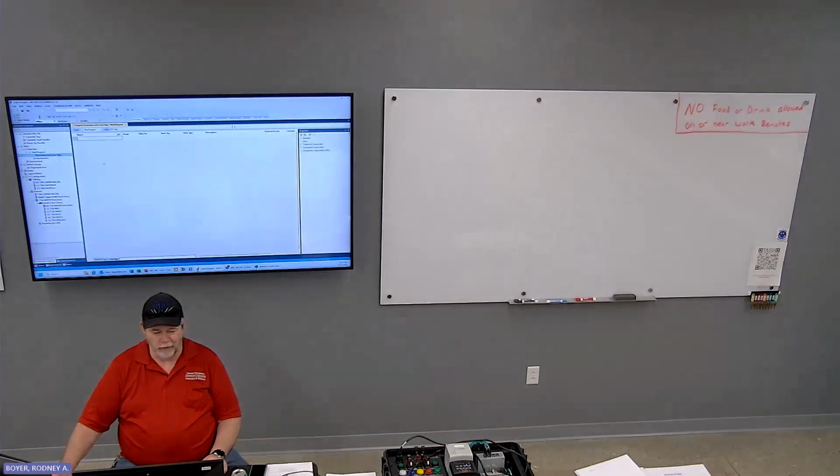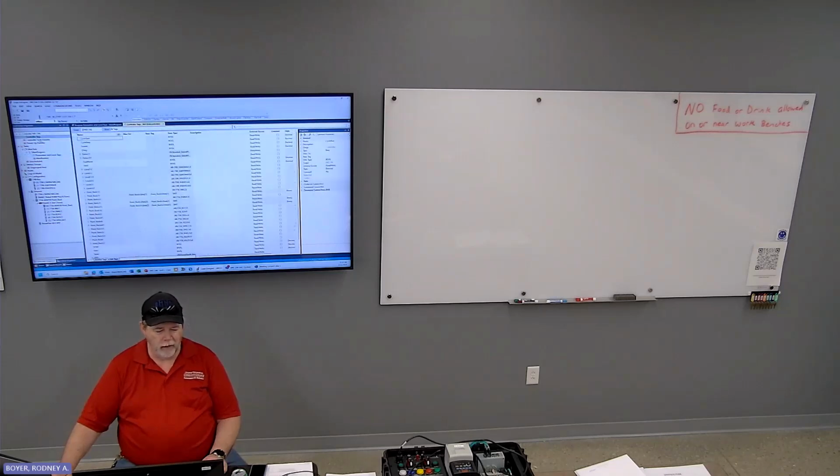That is where they would show up, under the program, if it were a program tag. Notice we have this nifty little doodad here called controller tags, and look where all my tags are.